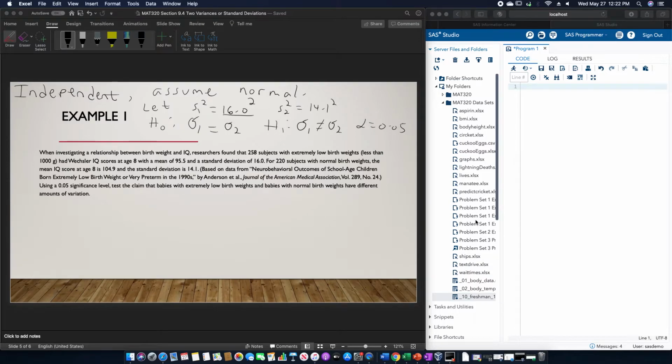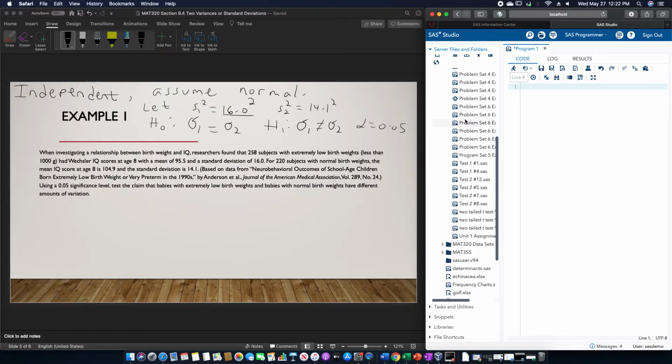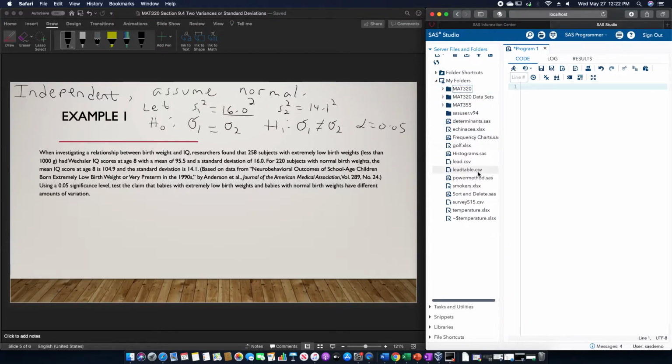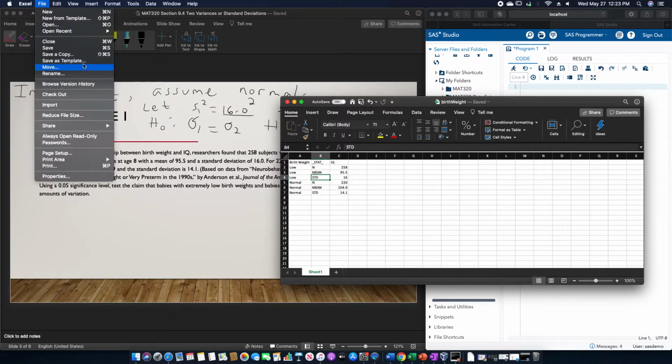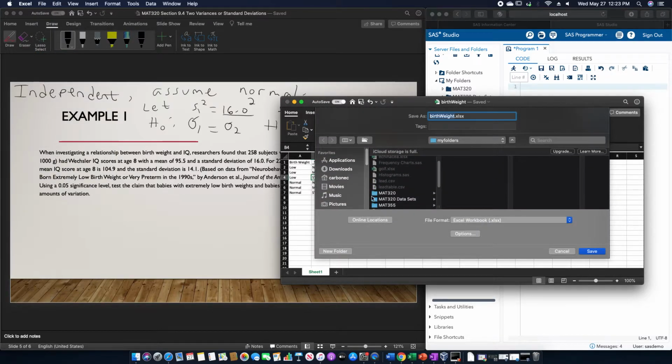But let me just very quickly close that and upload into there the birth weight data set, which I never uploaded in there. Awesome. Okay. Let me very quickly put that in there.